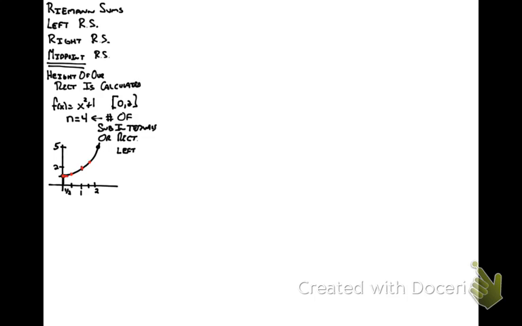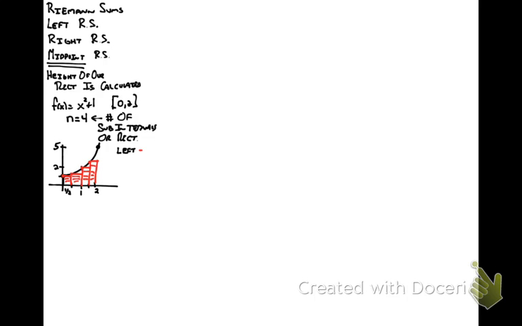So here is one rectangle, here is a second one, here is a third one, and here is the fourth one. Right, so here's our 4 rectangles. And because our function is increasing on this entire interval, a left Riemann sum ends up being an underestimate, because the left-hand side is always lower on the low end of the curve, so to speak.